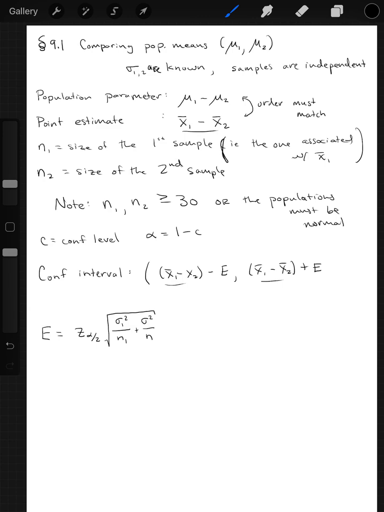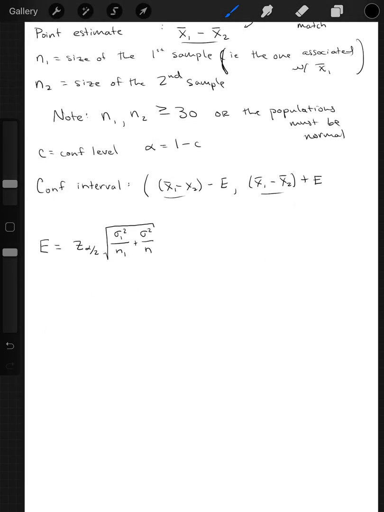Z alpha over 2 comes from that same table we've been dealing with. There's another copy of it, table 9.1.1. It's the same table as table 8.4.1 and 8.1.1. And I actually just copied the 8.4.11 example to this page. So when we use that, we'll want it.